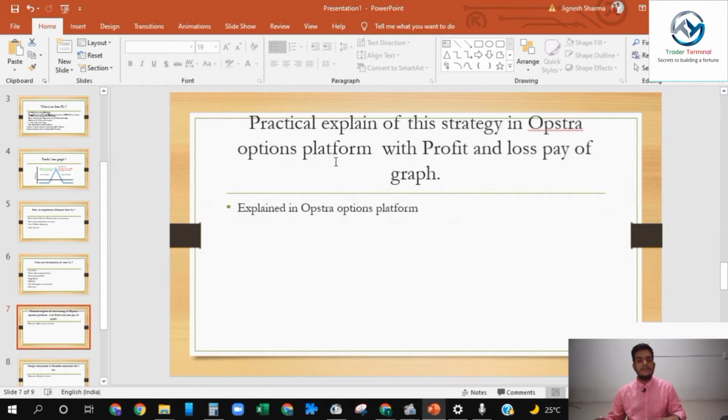Now, the practical explanation of this strategy in the Ostra option platform with the profit and loss payoff graph. So let's go to Ostra and learn how we can implement this strategy in the live market.